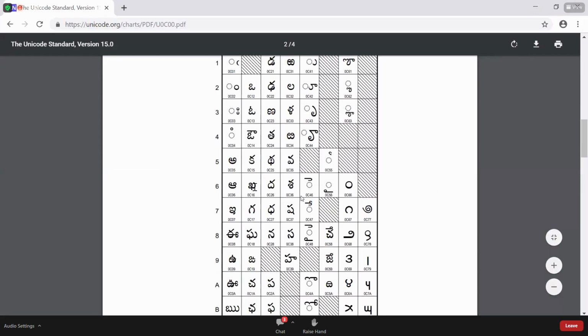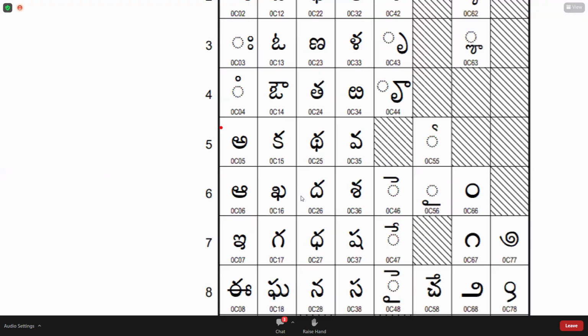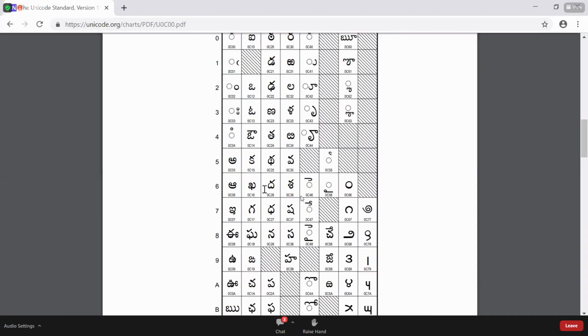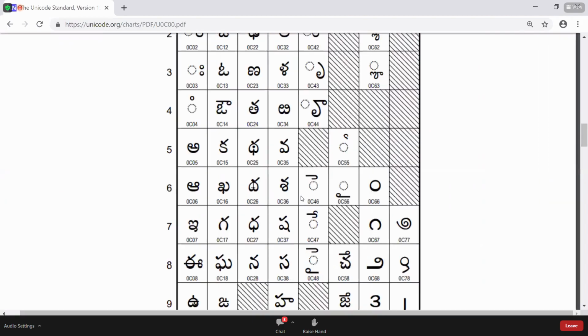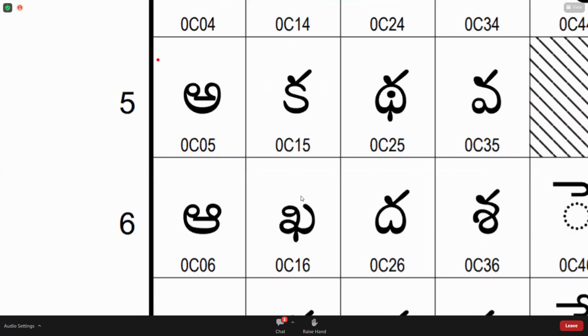Here, this is the first Telugu letter. This is a code in hexadecimal format. See, Telugu 0C05. That is the Telugu character's code, the Unicode, in hexadecimal format.